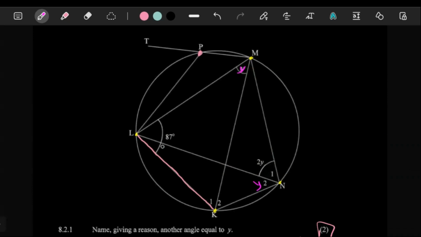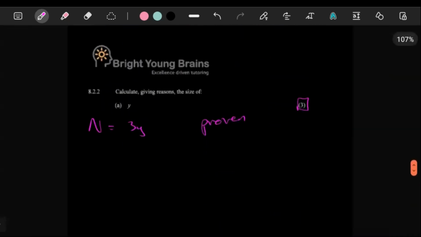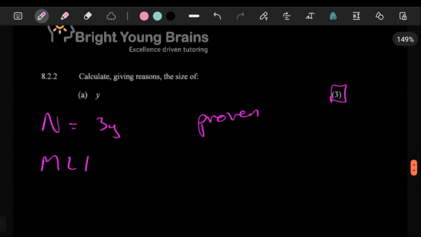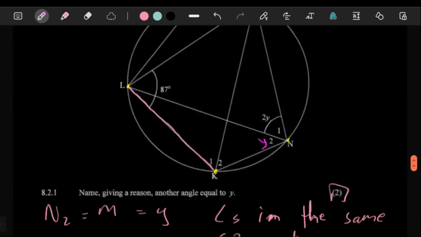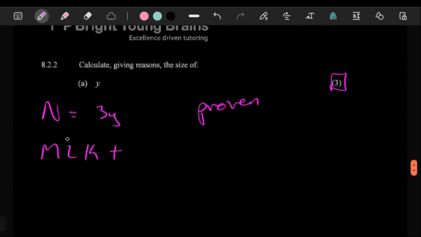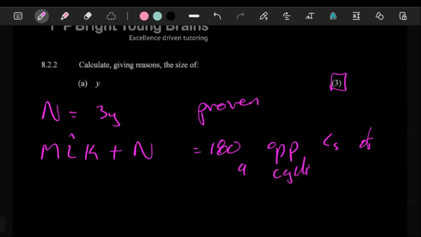So what we also know is with cyclic quads, opposite angles add up to 180. So N plus MLK, if you add N, these should equal 180 degrees. The reason is opposite angles of the cyclic quadrilateral.